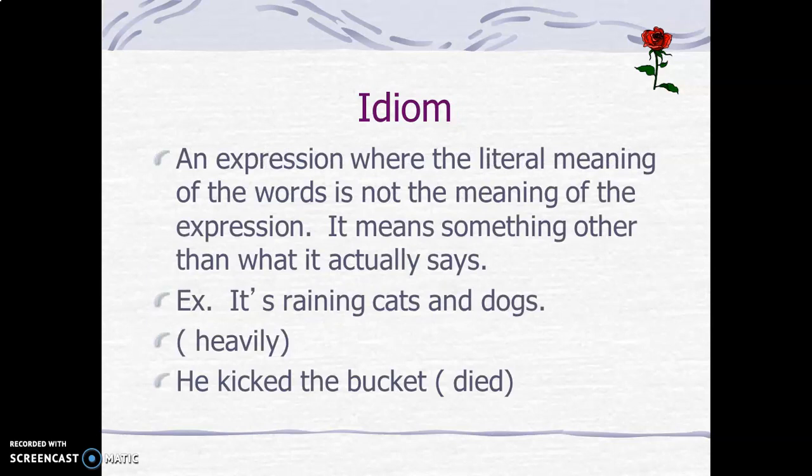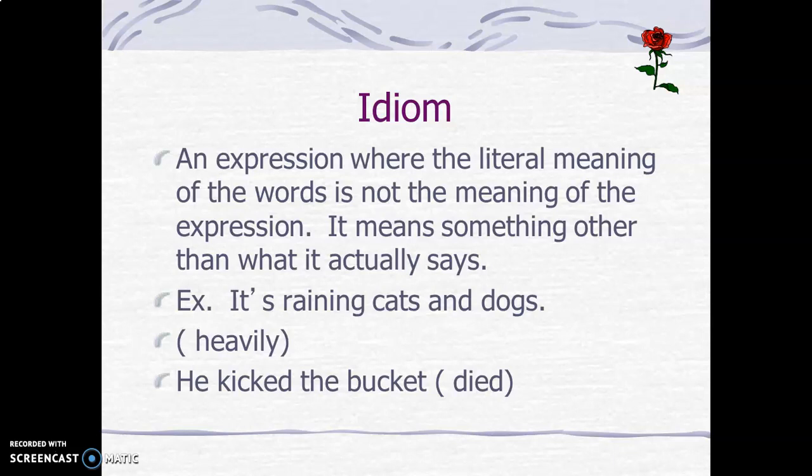Idioms. The idiom is an expression where the literal meaning of the words is not the meaning of the expression. It means something other than what is actually said. When you say, for instance, it's raining cats and dogs, you don't mean literally that it's raining cats and dogs, of course. It will never rain cats and dogs.